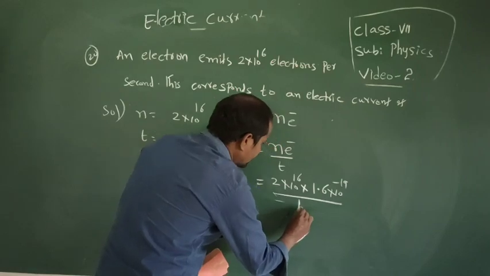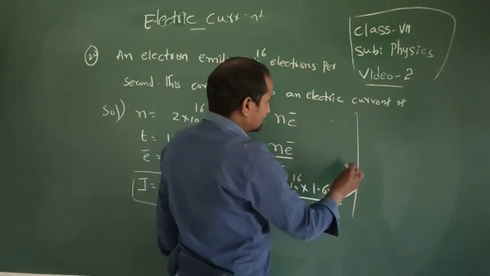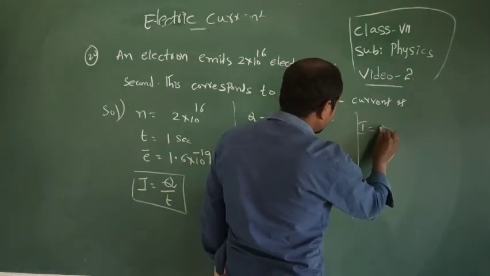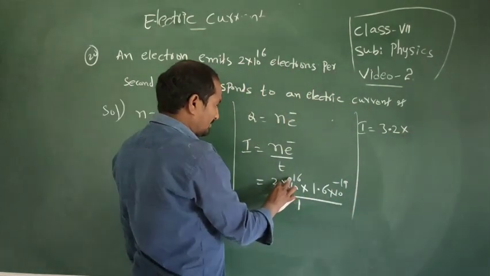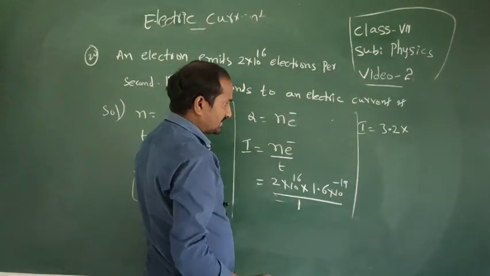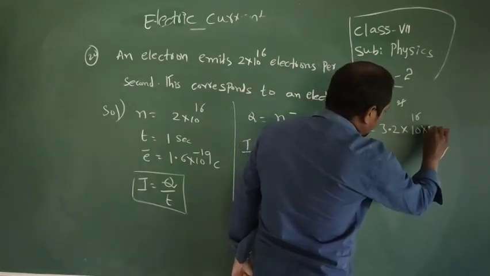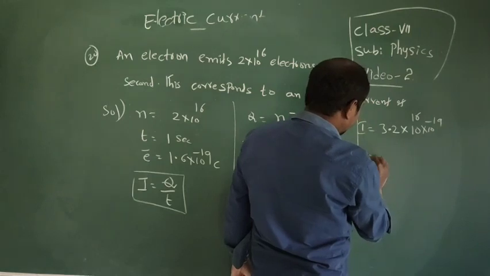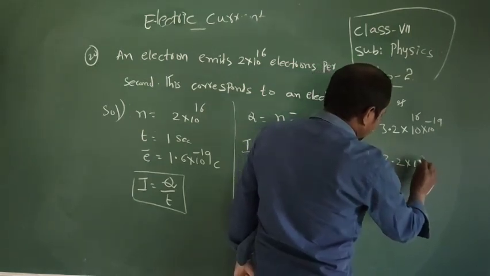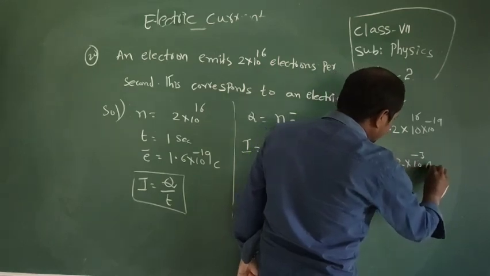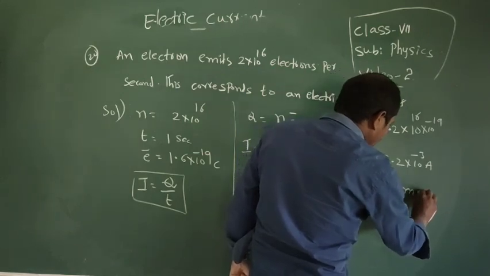So here 2 into 1.6, that equals 3.2 into 10 power 16 into 10 power minus 19, that equals 3.2 into 10 power minus 3 amperes.